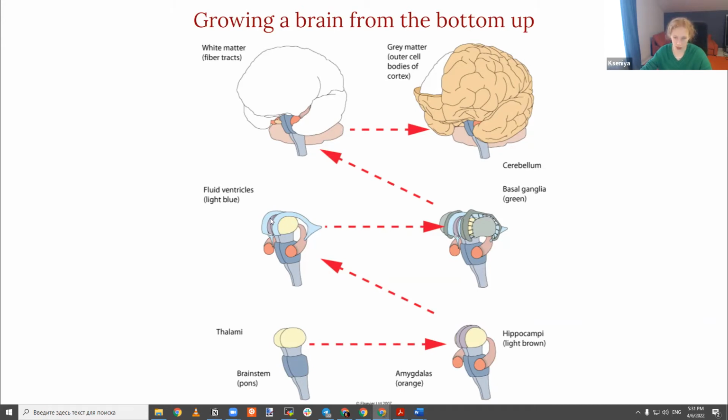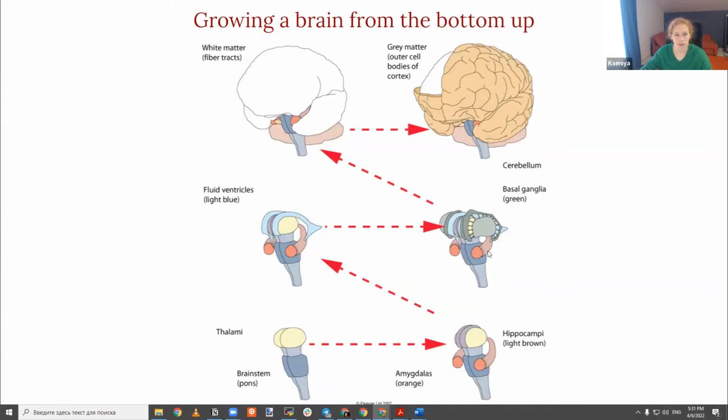ventricles have no neurons, but provide the brain's own circulatory system. The basal ganglia can be thought of as the output hub of the system, and a great deal of traffic flows back to the cortex as well.